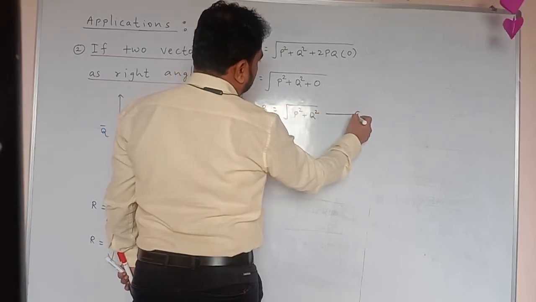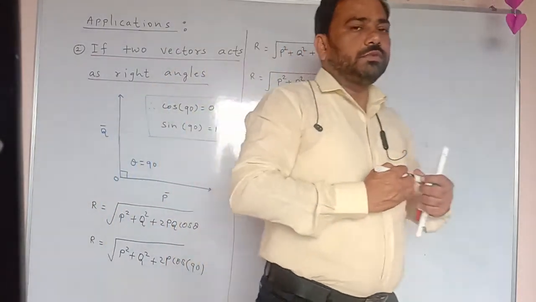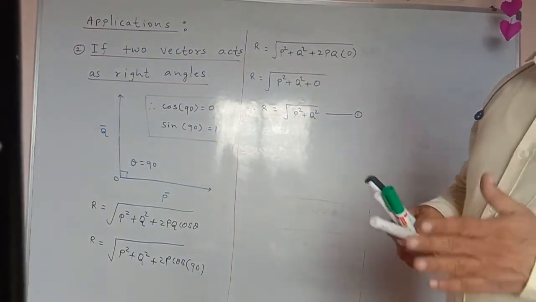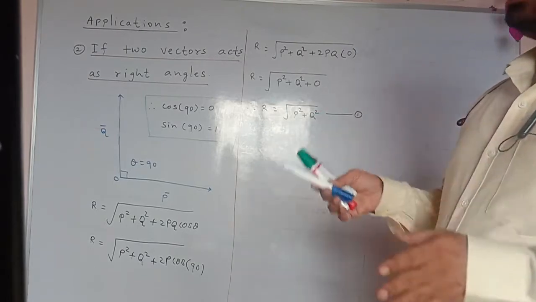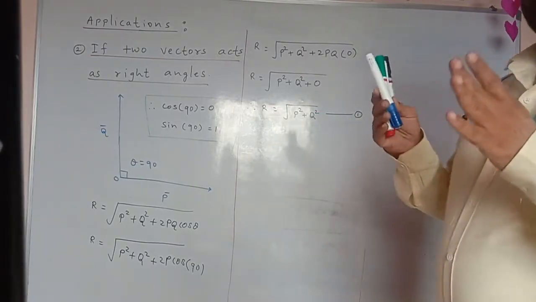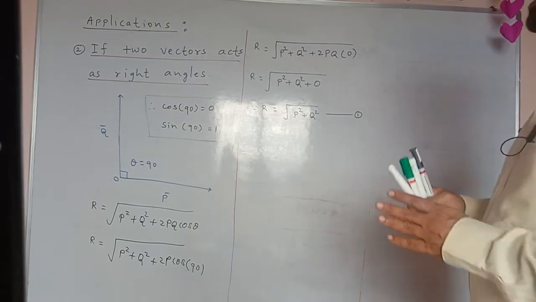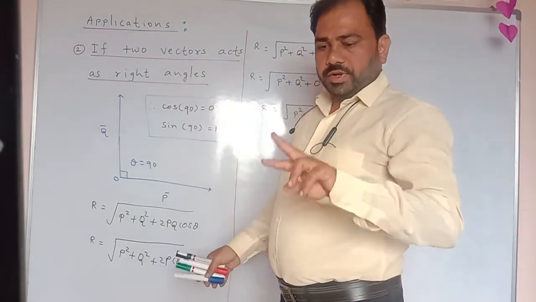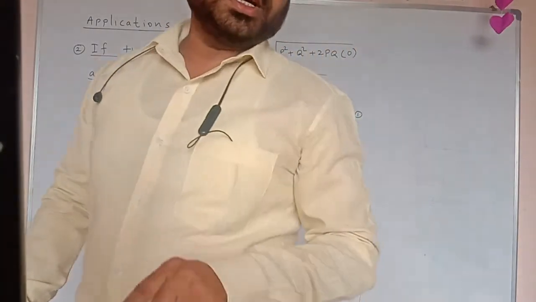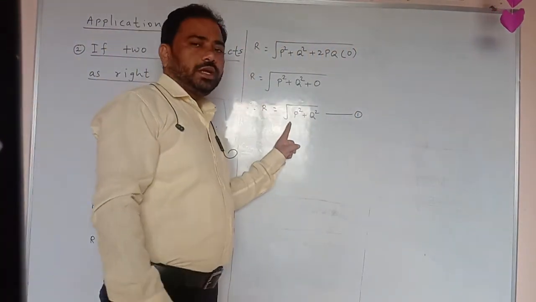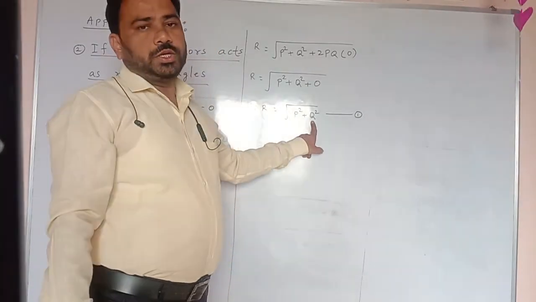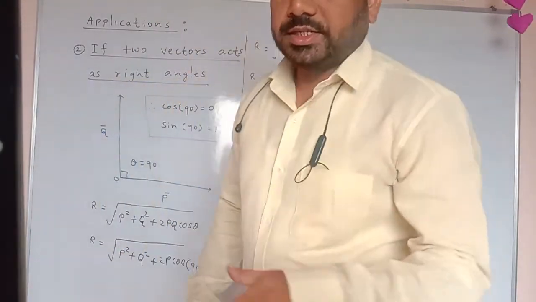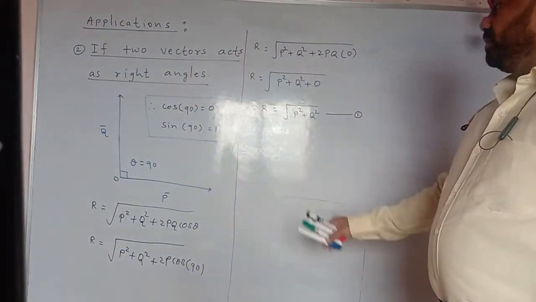This is equation number 1. This equation represents how we calculate the resultant of two vectors which are perpendicular to each other, or act at a right angle. When two vectors are at a right angle, the resultant is under root P square plus Q square. You should remember this concept.